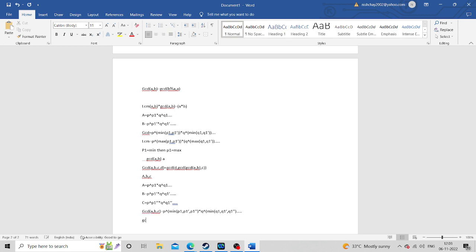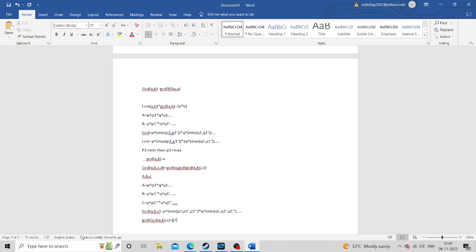Now what you do, you first take GCD of A comma B. Now we need to find something like this: GCD of A and B and then with C. What would that be equal to?